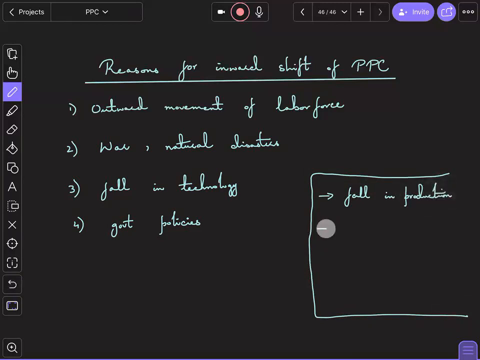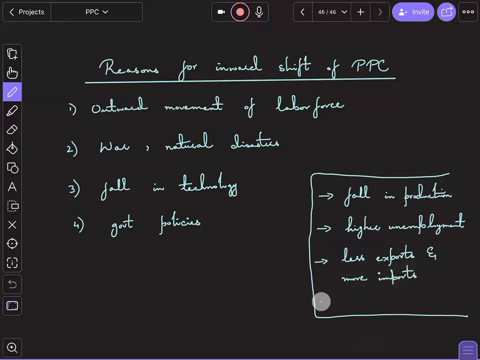And whenever there is an inward shift of the PPC, it will lead to a fall in production. It can lead to higher unemployment. It can lead to less exports and more imports. And it can also result in a fall in living standard.